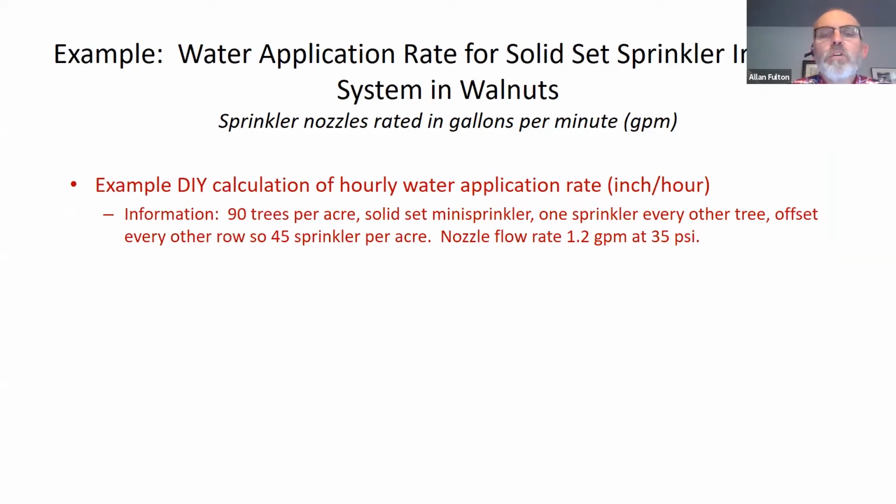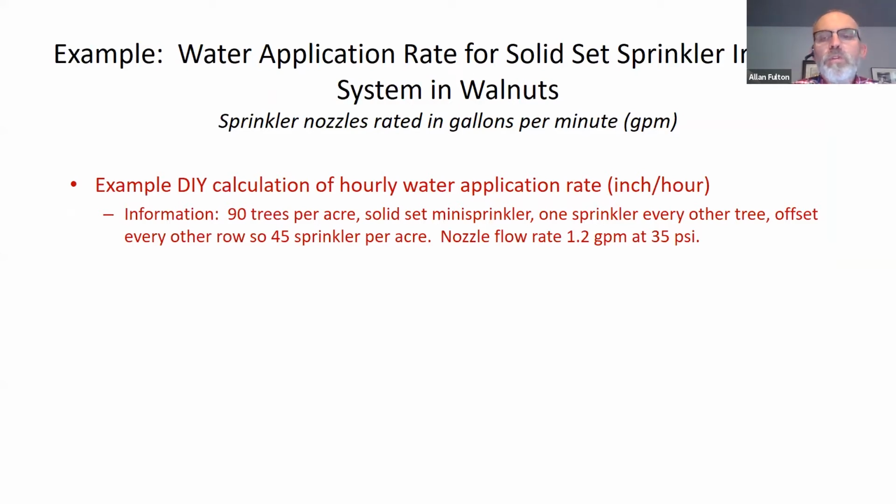In this example, we're going to be working with real data from a walnut orchard that uses a solid set sprinkler irrigation system. In this case, the flow is high enough that the nozzles are rated in a gallons per minute flow rate.